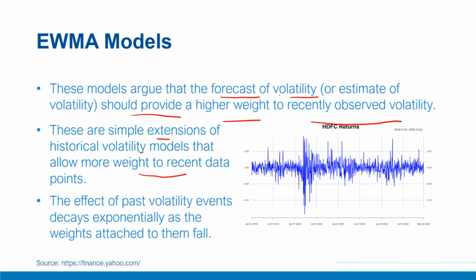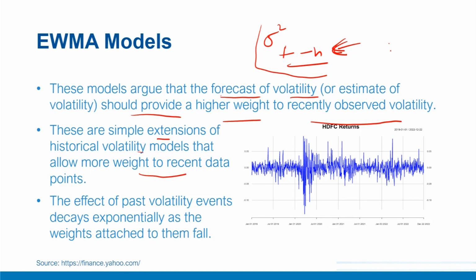Now we'll see how this works mathematically, but just to give you some intuition, suppose a particular period, n days in the past, t minus n, sigma square t minus n, has a particularly high level of volatility. As per the historical volatility model, as long as this particular observation is included in the model, it will lead to a heightened level of volatility.